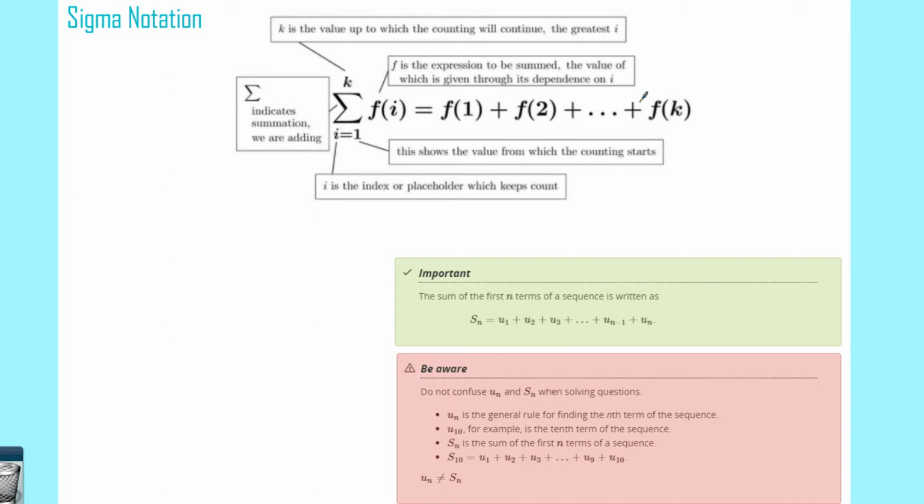So let's do a problem. Here's my problem. I want to find all the terms from i equals 1 to i equals 5. So the first term, a1, is when I do i equals 1.